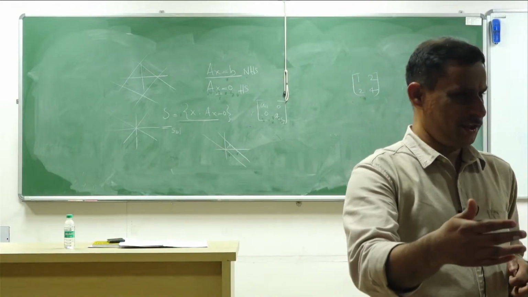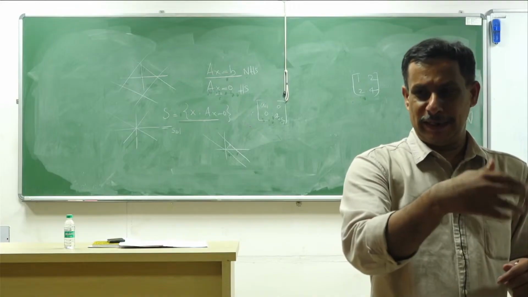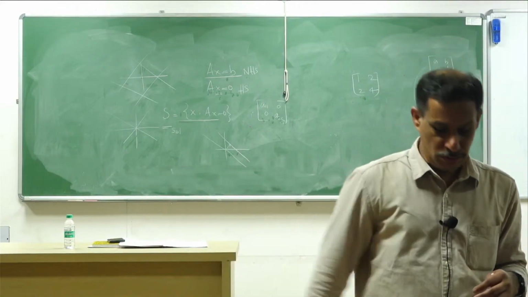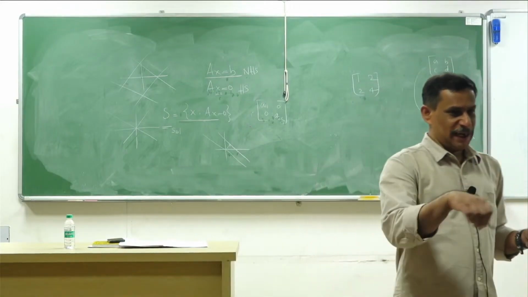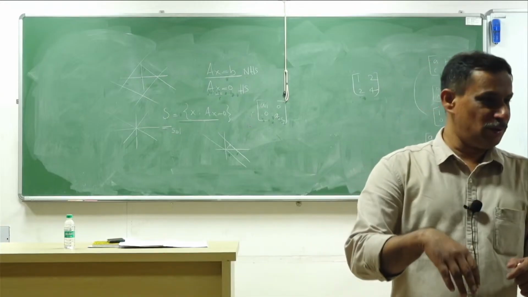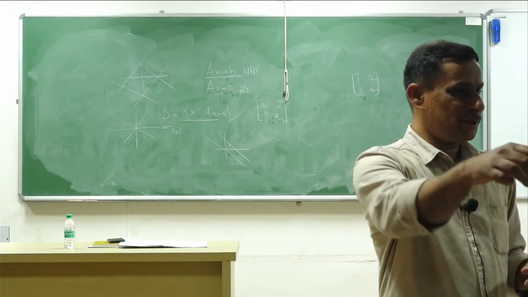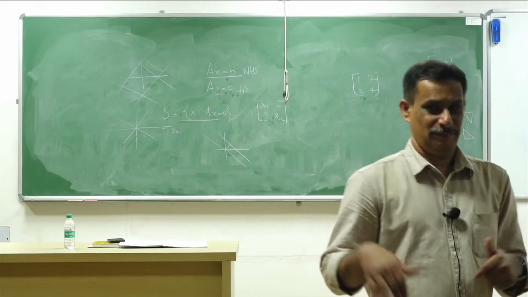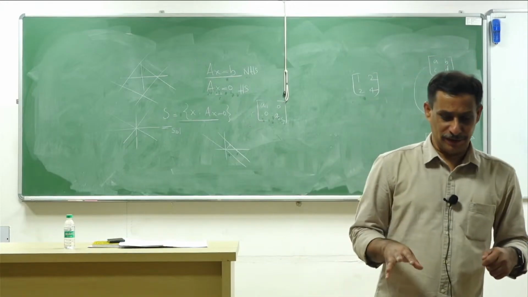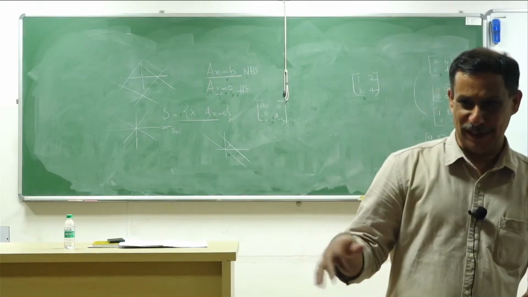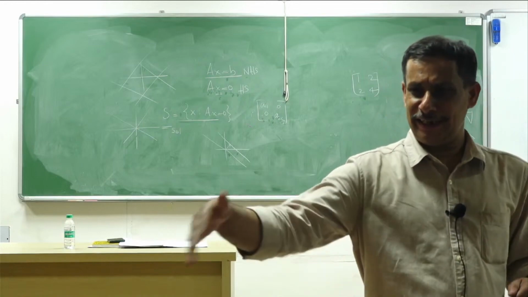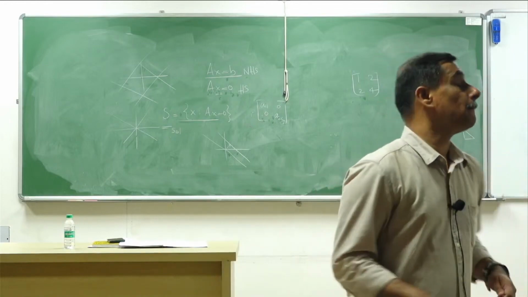Row interchange, multiplying a row by a non-zero scalar, and adding a scaled version of another row to a row. Okay, like that. These are linear operations. In linear algebra, everything is linear.